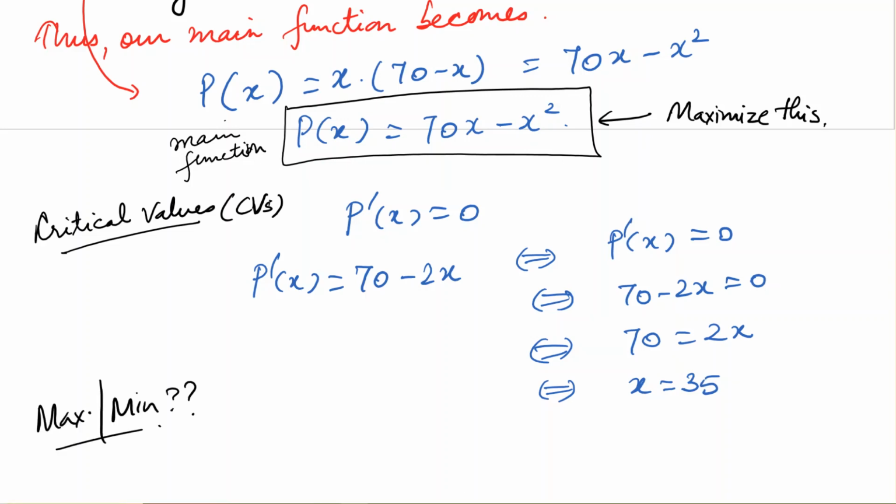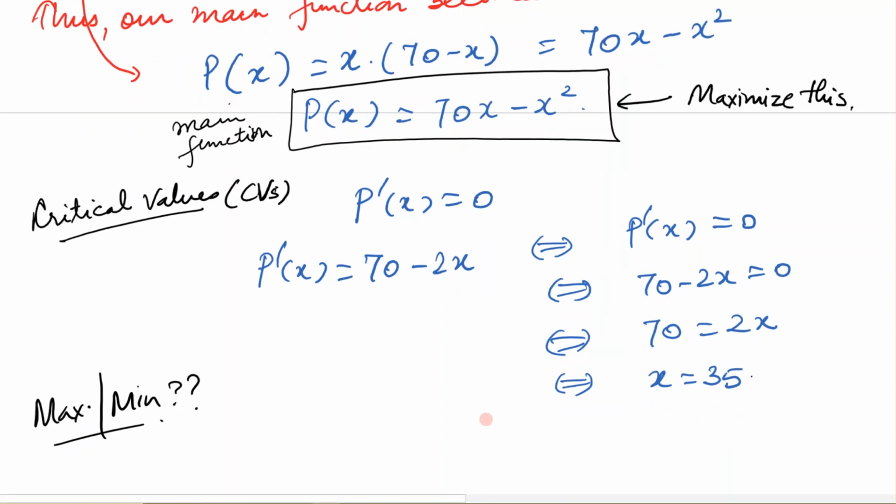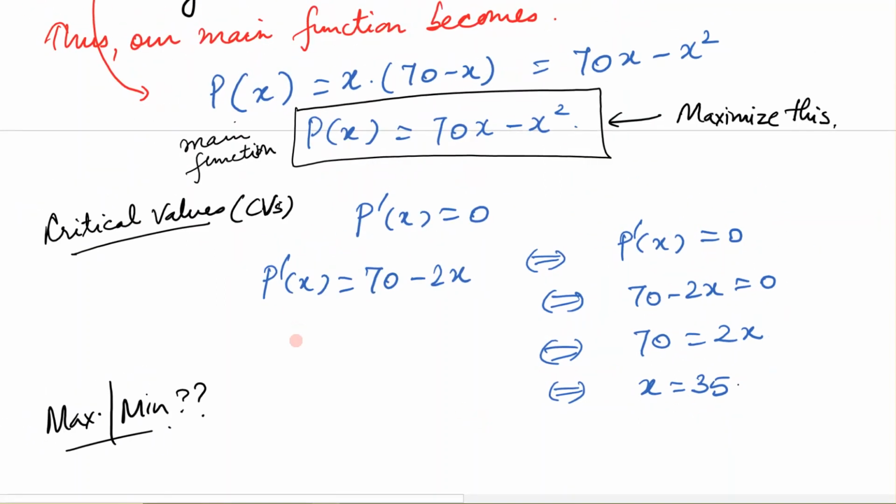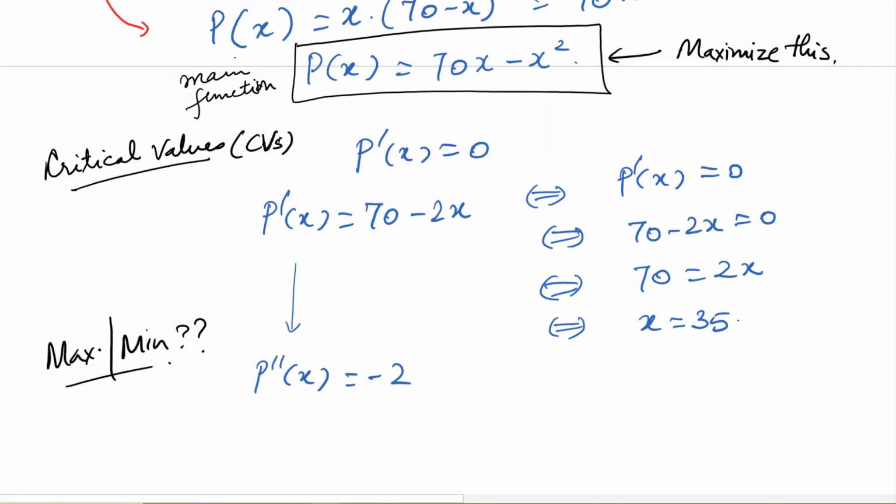So now we're going to test whether this is a value of maxima or minima. For that, we can use the second derivative test. So let's take the derivative of this once again. The second derivative would be negative 2, which is always negative.